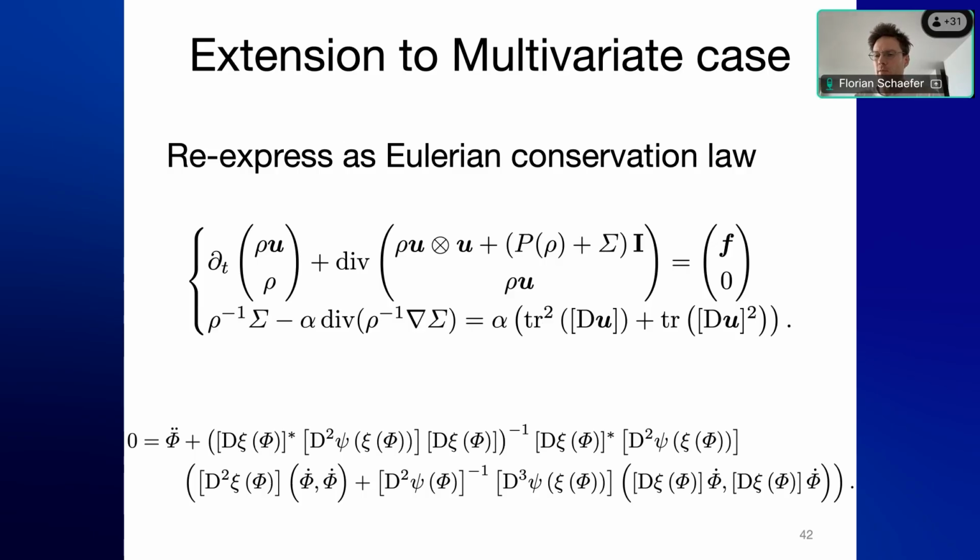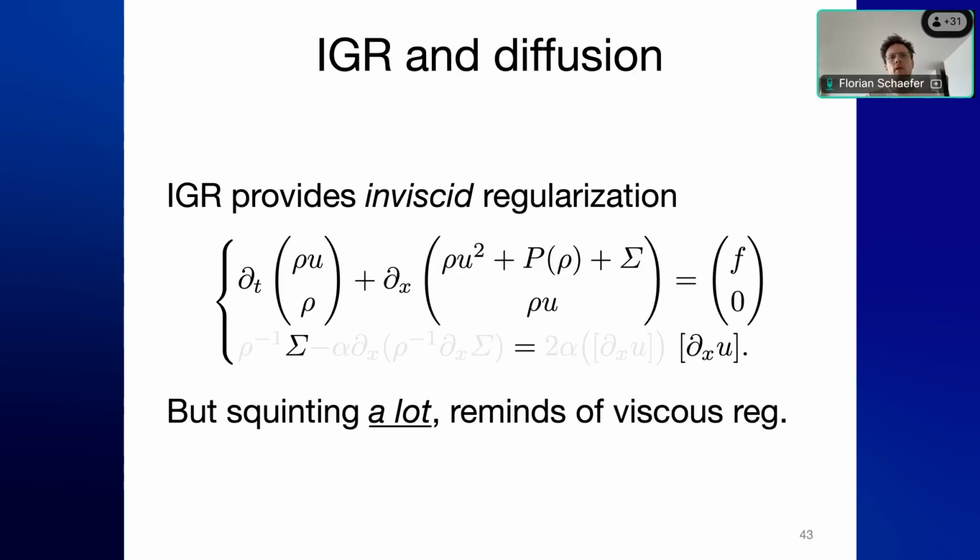So what is the mechanism, just as a PDE, of how this works? One thing you can do is squint a lot and ignore all the gray stuff, the stuff that I've grayed out here. Then you see that this just becomes a Laplace operator, right? Because you have partial xu that is equal to sigma. You plug this in here, and then you get partial xu. So in other words, you get a viscosity-like term.